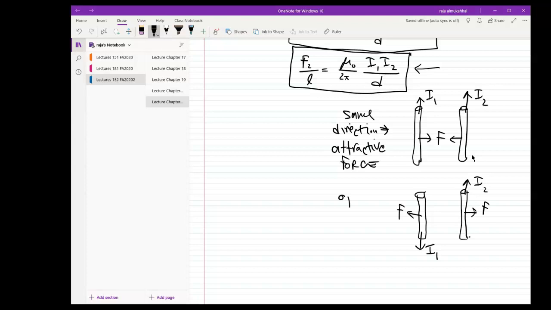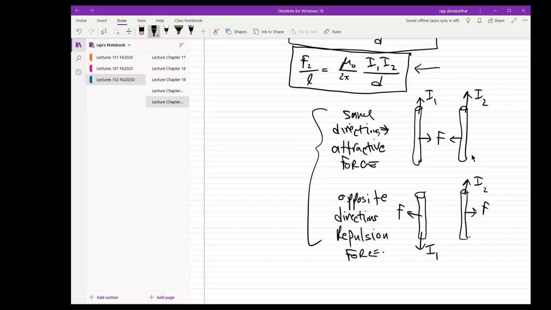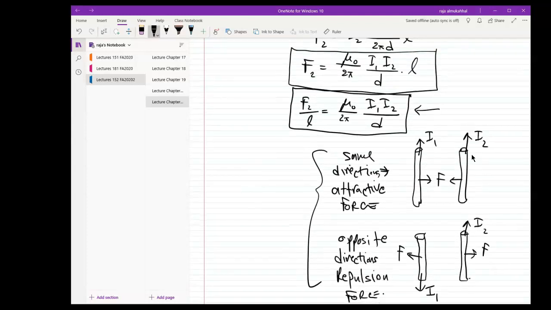So if the directions are opposite, there will be a repulsive force between them. Both of these forces are given by this formula right here.